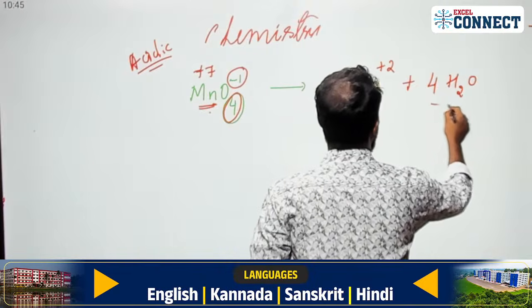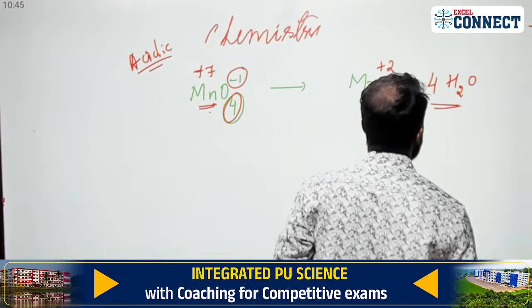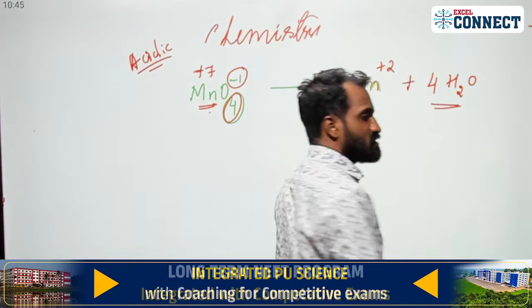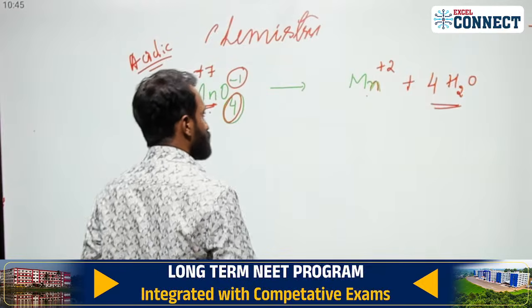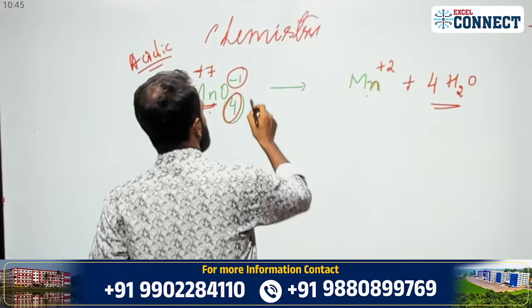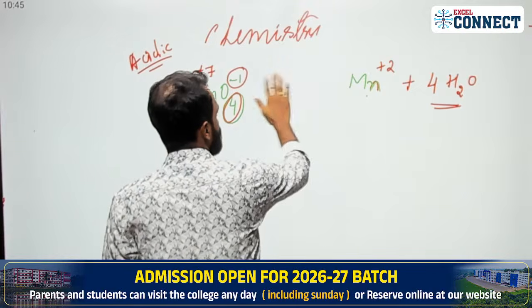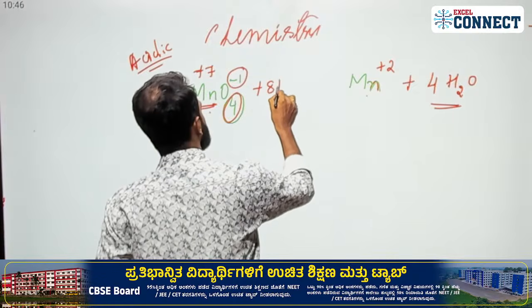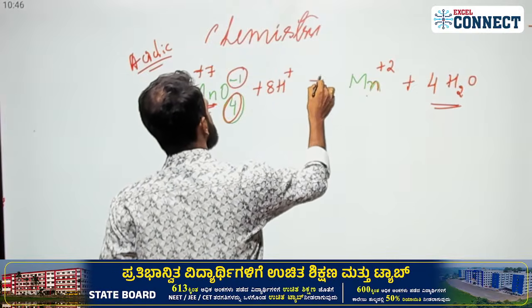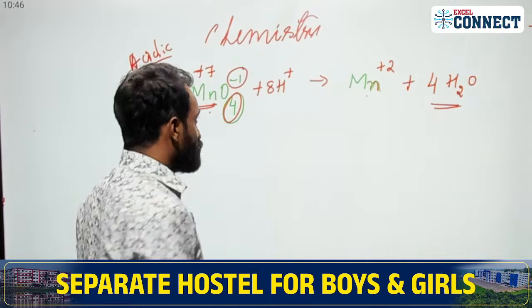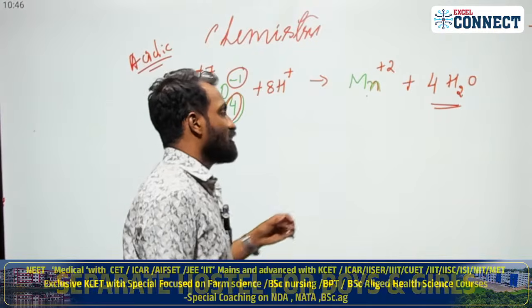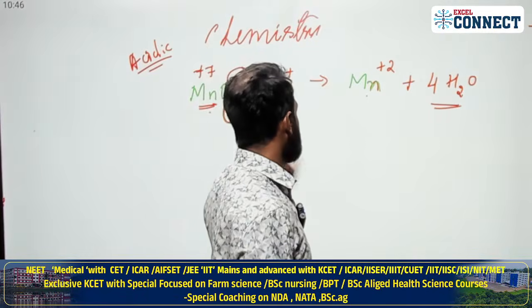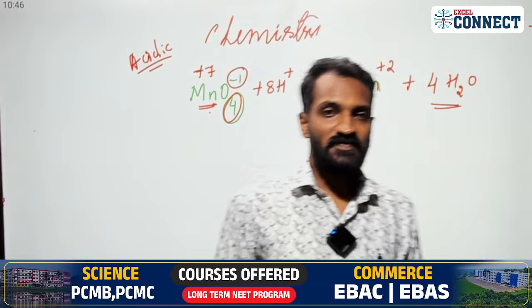Now here, how many hydrogen are present? Tell me. 4 2s are 8H plus. It is given. Now balance the electron, my dear students. You balance the electron of manganese. Which side?